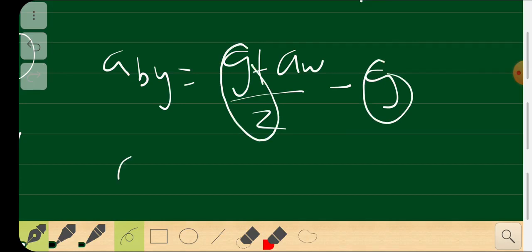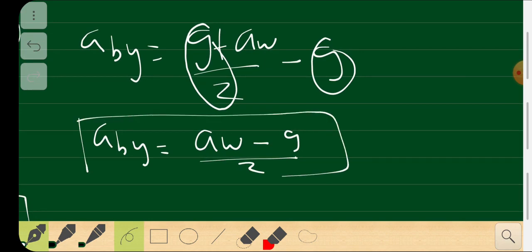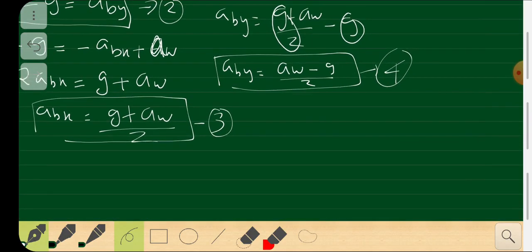So aby is equal to aw minus g by 2. Okay, so that's aby, and this is abx. I'm going to call these equation 3 and equation 4. So I found out the x component and y component of the acceleration vector.